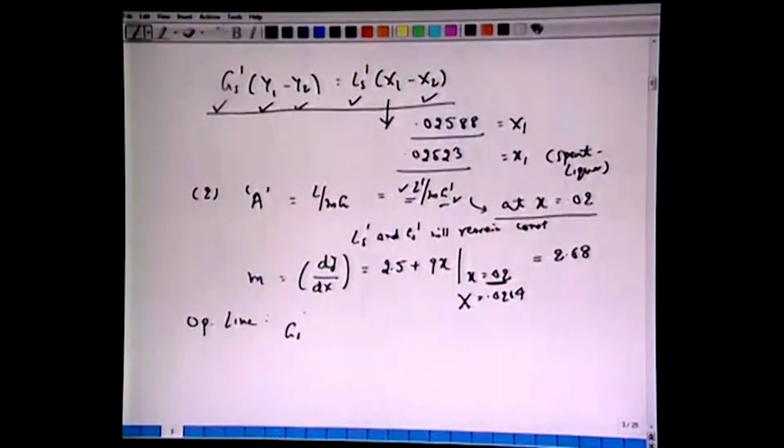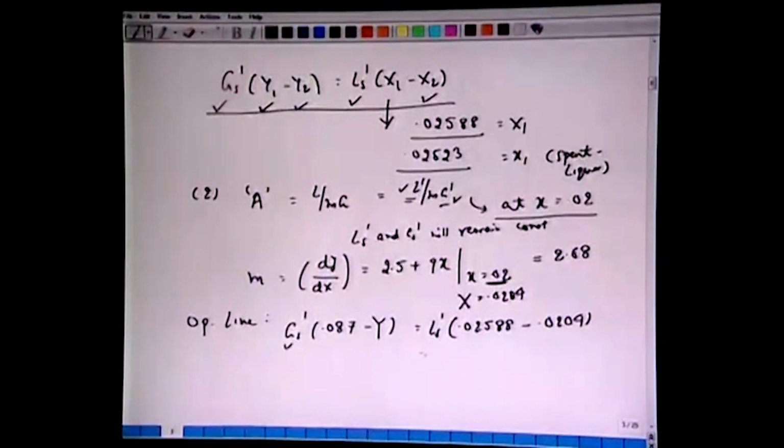We have GS prime times (0.087 minus Y). So this is Y2 here, or this is Y1 actually. So capital Y1 minus capital Y equals LS prime times x1, which is 0.02588, minus what we have just calculated, 0.0204.